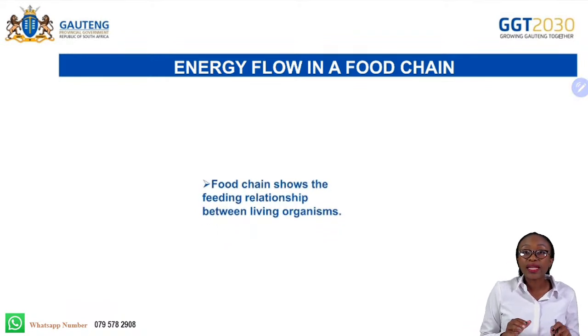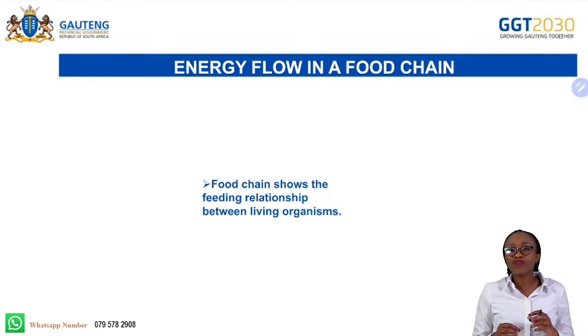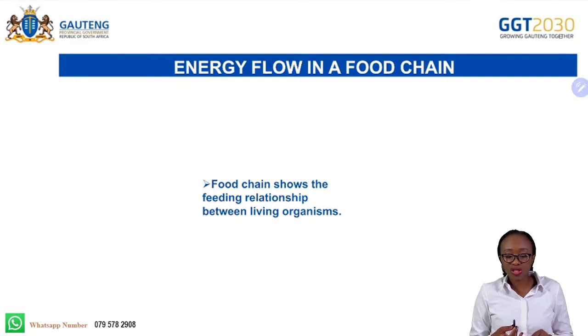So what is energy flow in a food chain, or what does energy flow in a food chain look like? Now, food chains show the feeding relationships between living organisms. We've already learned in our previous lesson about the producers and the consumers and the different types of consumers that exist: the herbivores, the carnivores, the omnivores, and the decomposers.